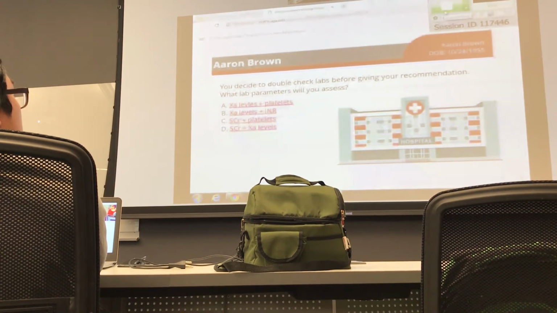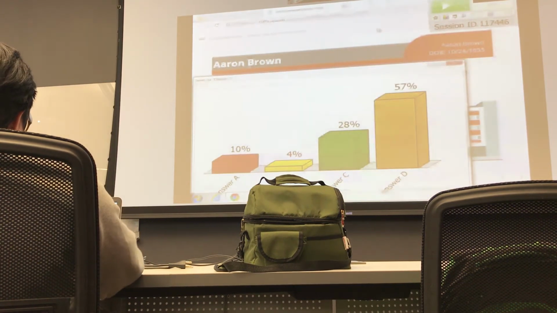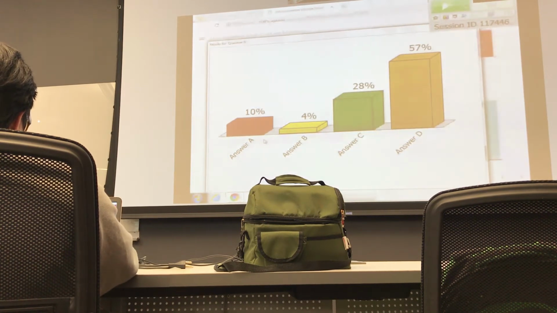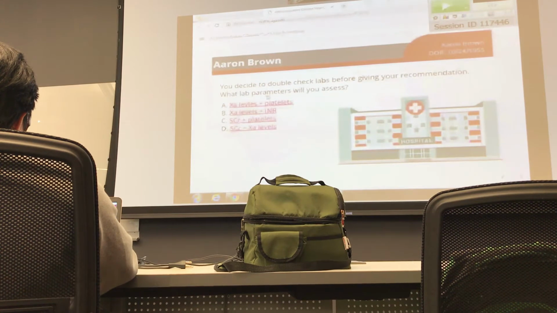So what we're trying to figure out now is how we're going to monitor our apixaban. We have a wide variety here. Some say answer A, some say B, some say C, but most of us chose D. Okay? So let's start with A.